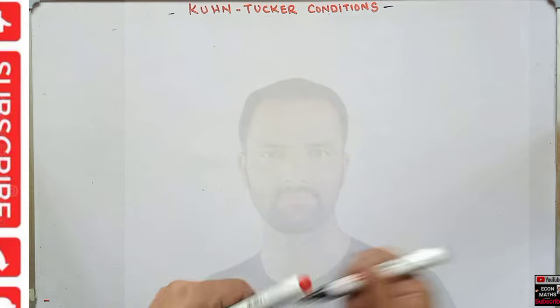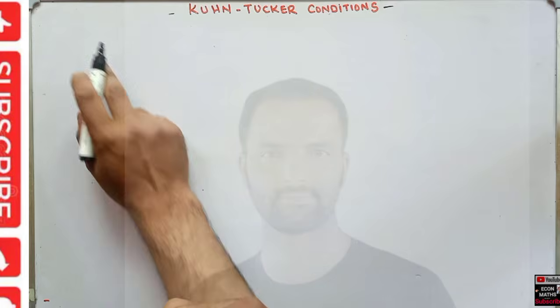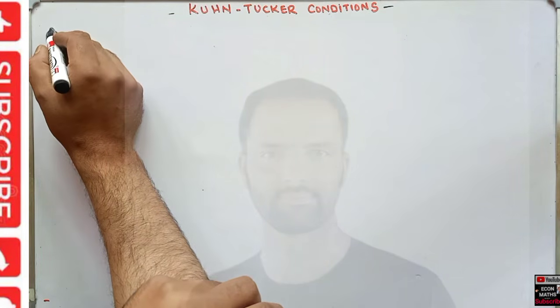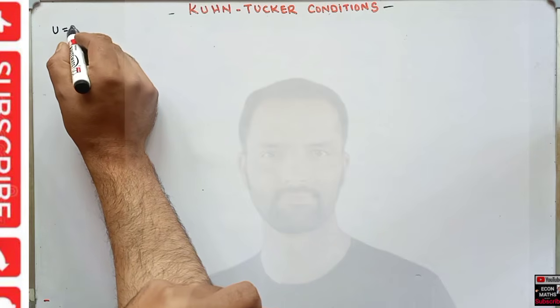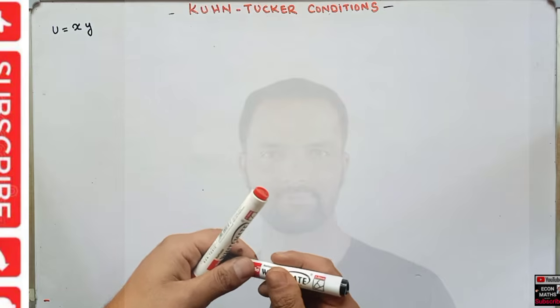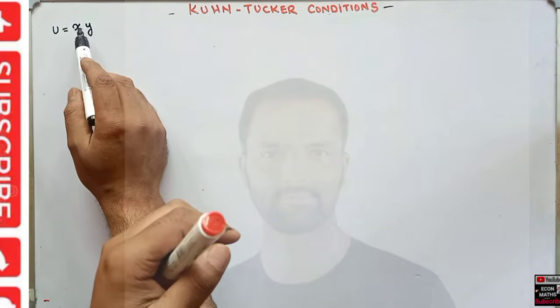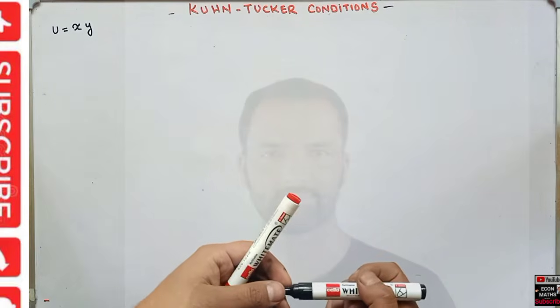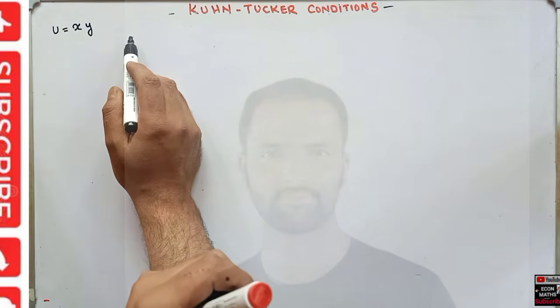Let us say we want to maximize our utility. We are given a utility function u is equal to xy. That can be our satisfaction or happiness, that is how much happiness we get when we consume x and y commodities. This is our utility function.